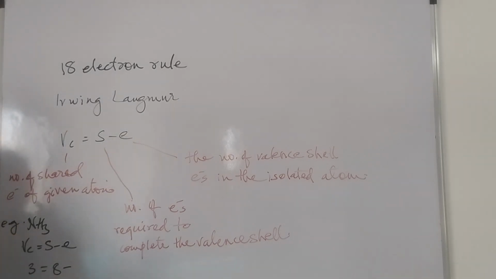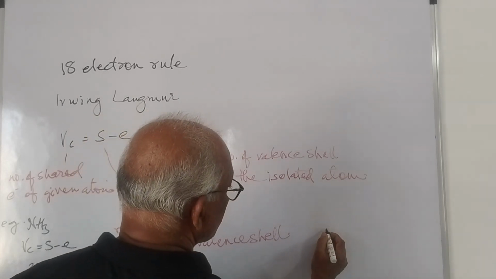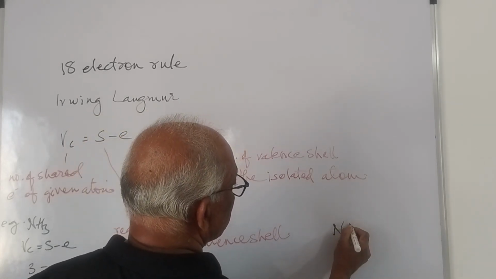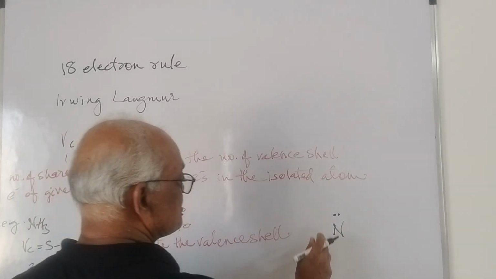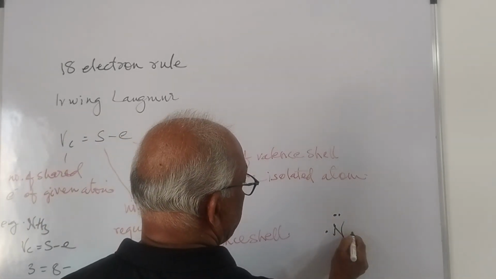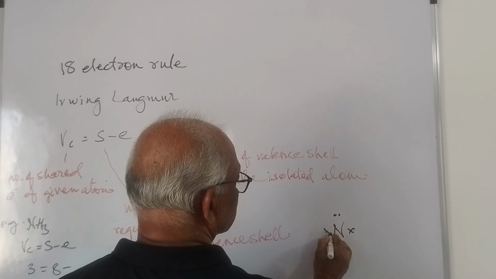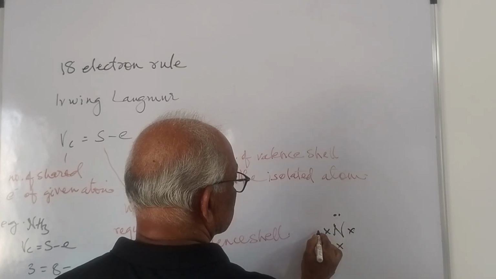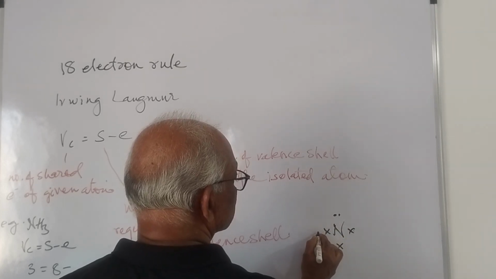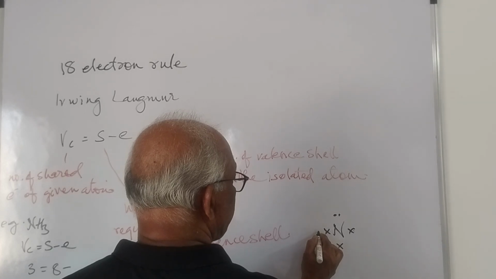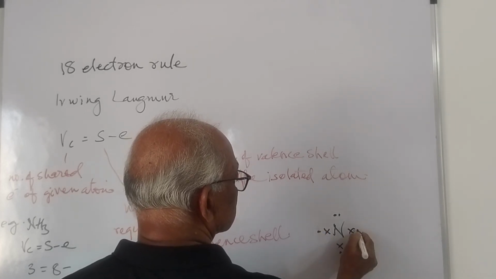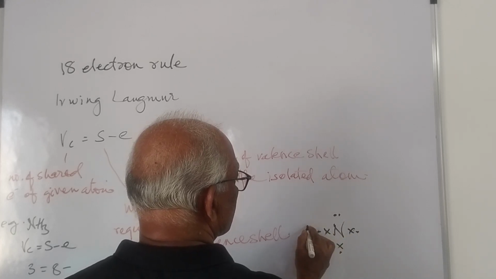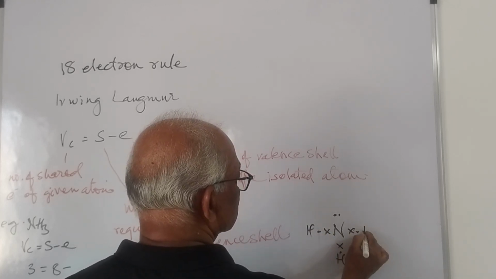Nitrogen has 2 electrons in the pair state and 3 electrons which are bound with hydrogens.